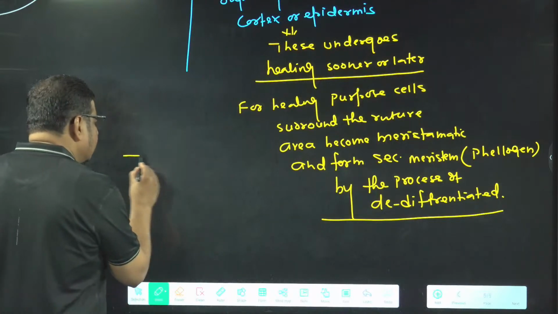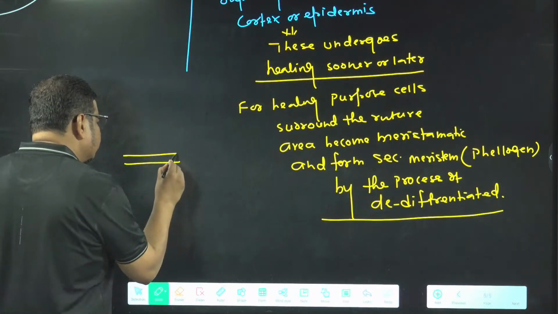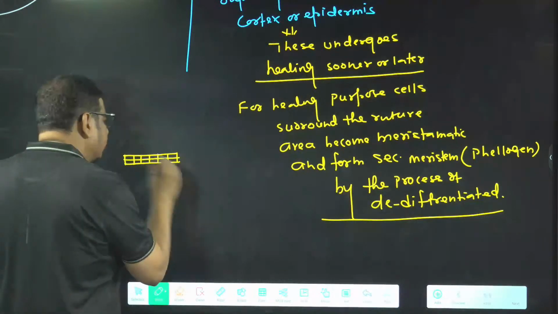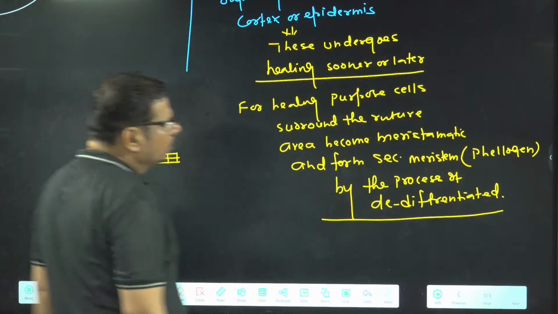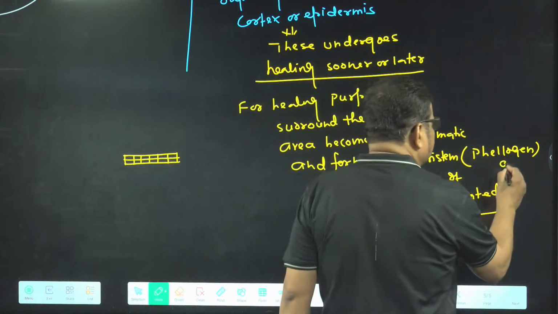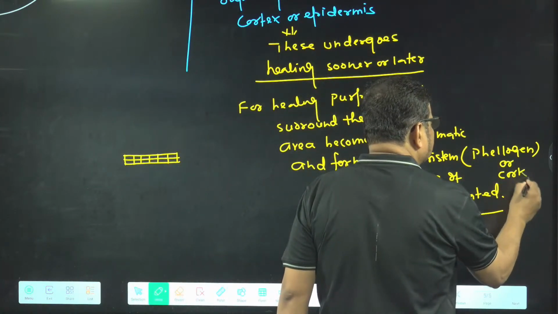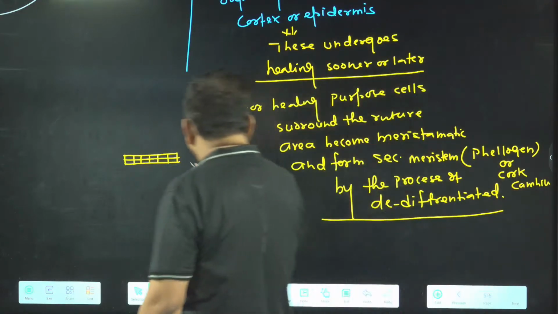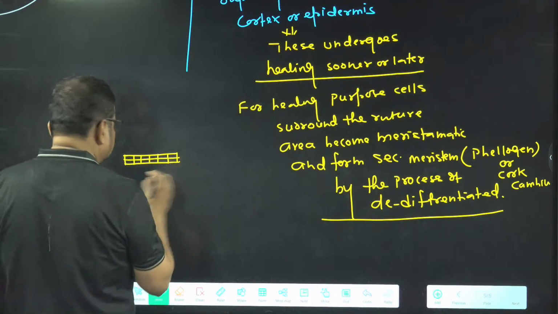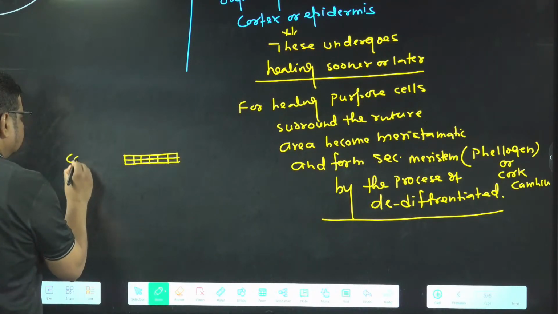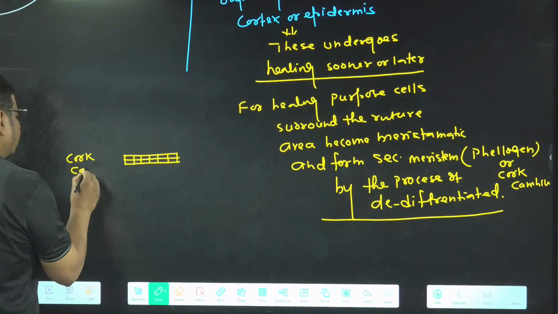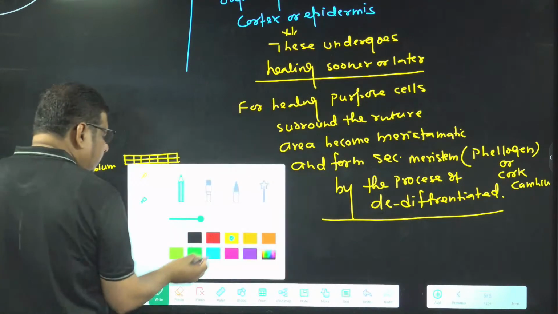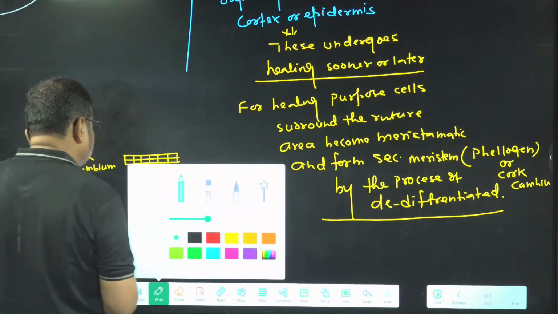Now just try to understand. Suppose that this is the cork cambium. Another name of phellogen is cork cambium. So this is cork cambium. Now this cork cambium divides toward outside also, inside also.